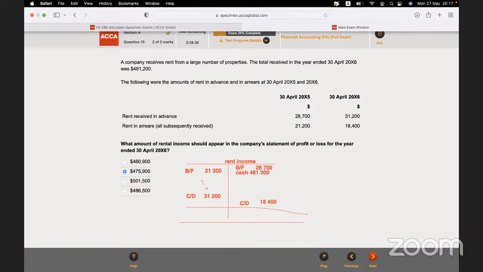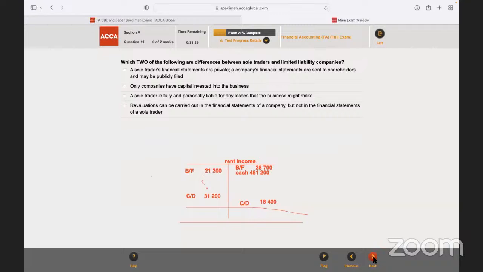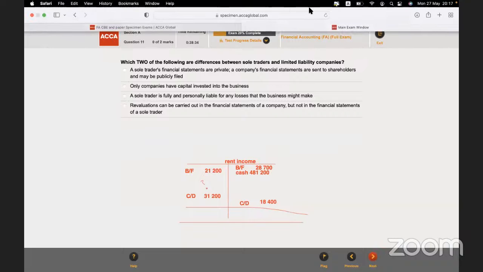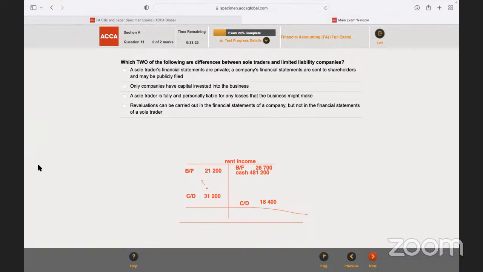Okay, then guys, let's go to the next one. Try and see, this question is a little bit of a tricky one. Normally theory questions are always tricky when compared to the numbers.